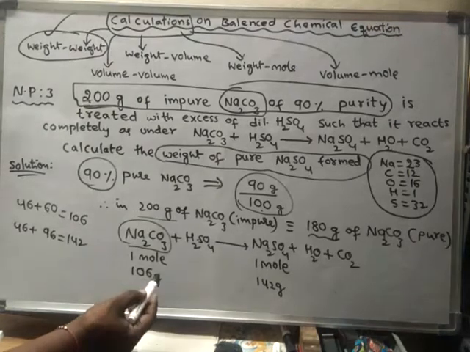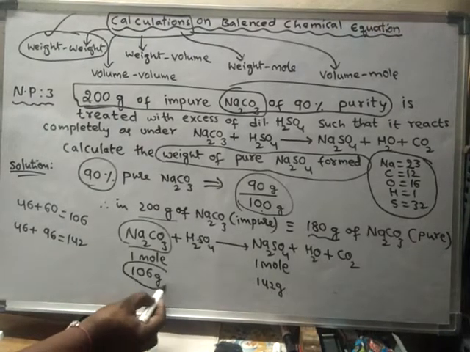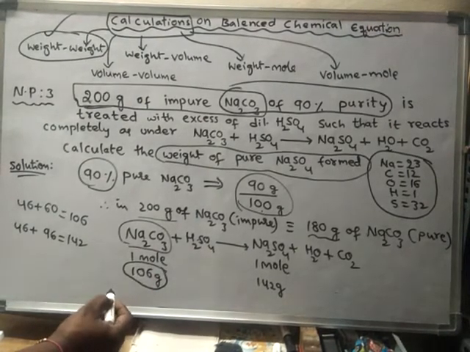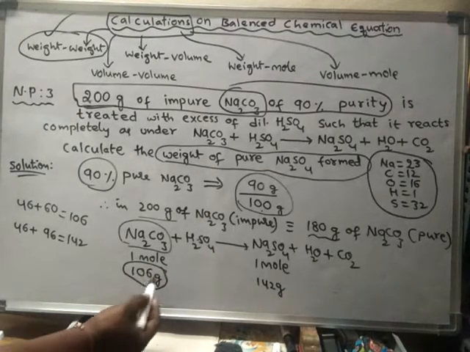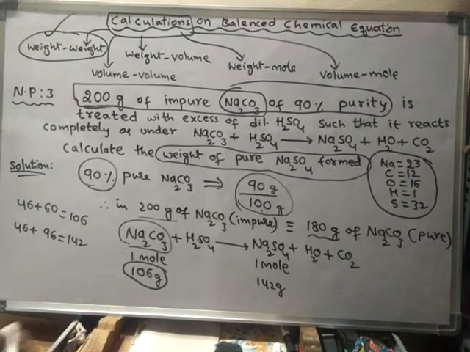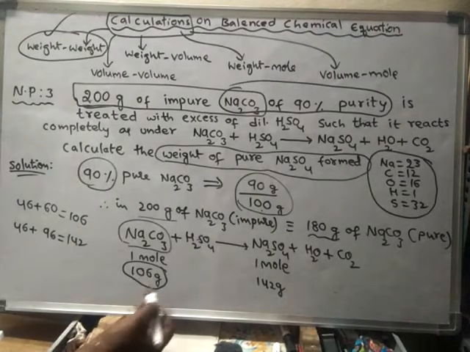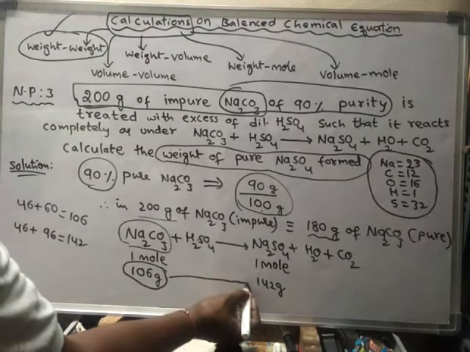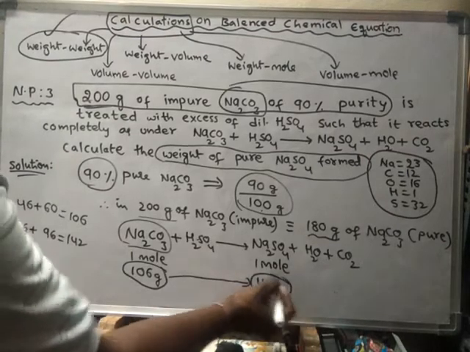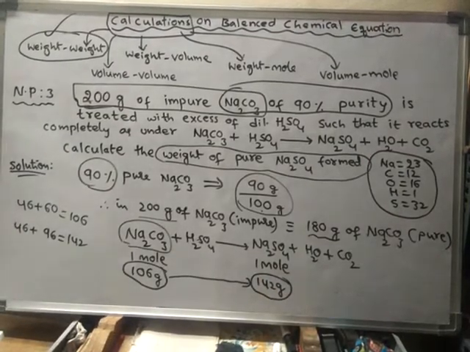That means if you use 106 grams of pure sodium carbonate in the reaction, so if you use 106 grams of pure Na2CO3, we will get 142 grams of pure sodium sulfate.